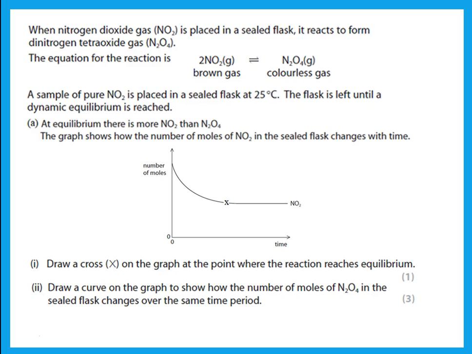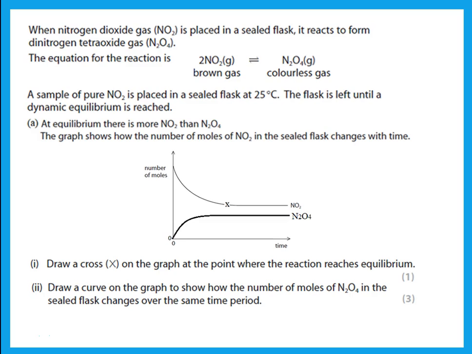I started with pure NO2. That means the amount of N2O4 at the beginning was 0. And then some of the NO2 started to form N2O4, so the amount of N2O4 should increase. And then he says at equilibrium there is more NO2 than N2O4, so this is the kind of graph that you would draw.